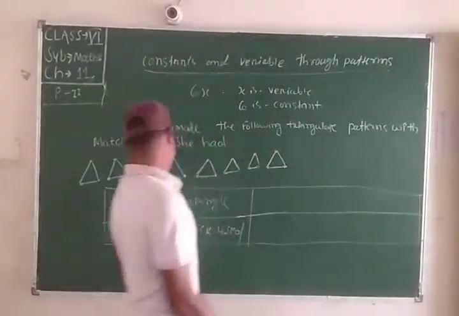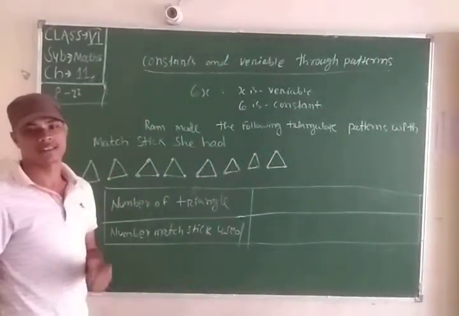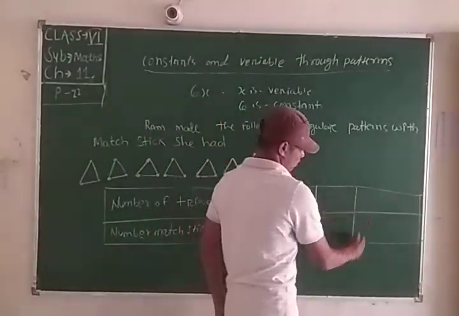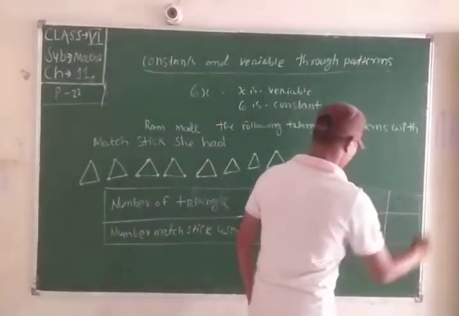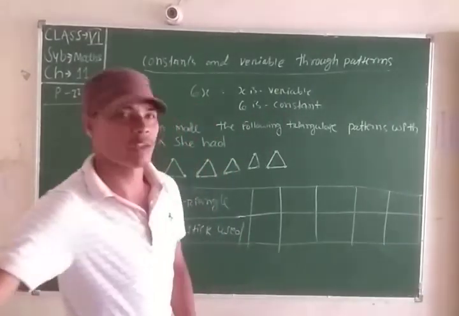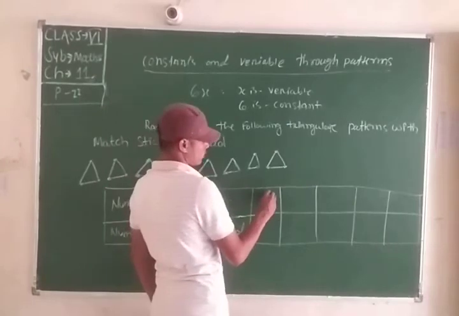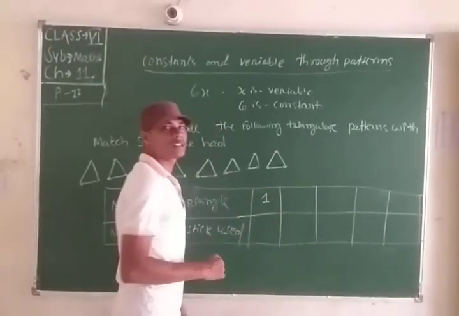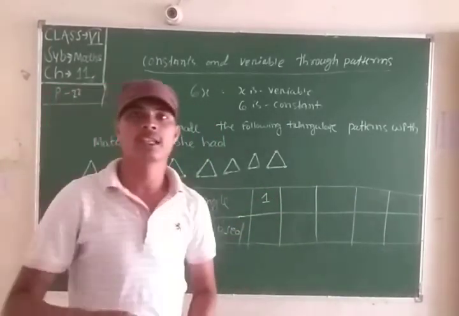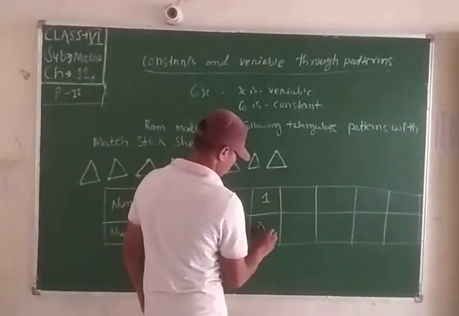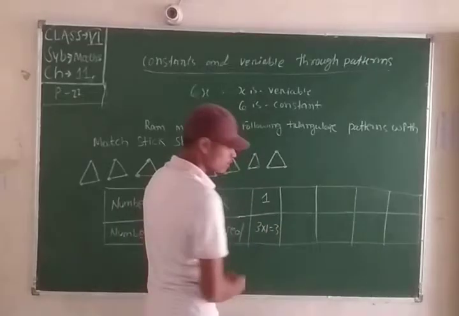If we take one triangle, each triangle is 1. Then how many match sticks are needed? We know that a triangle has 3 sides. Here 3 into 1 equals 3 sides.